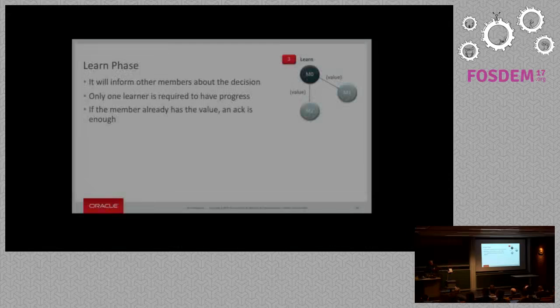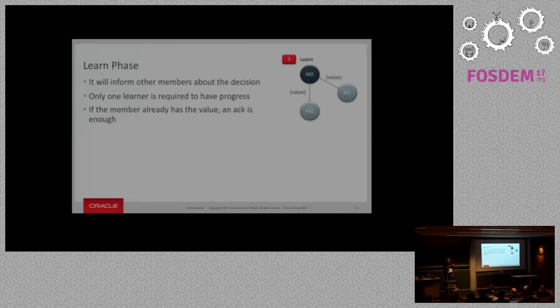So the last one is the learn phase, okay? You got an agreement that the next transaction to be committed will be transaction X. Then you reach the agreement, and the leader needs to inform the other members that there was an agreement. So there is a third phase, the learn phase, where the leader will inform all the members that something has been decided.